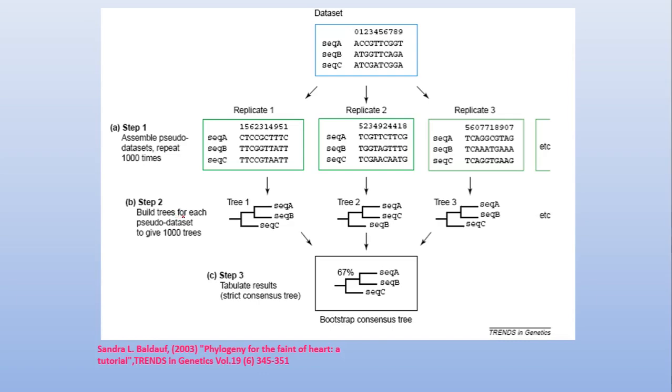Things would be more clear in this slide. When you begin with your multiple sequence alignment, this is your original data set. We would now call each and every column by some number: this is the 0th column, first column, second column, third column, and so forth. So this is your original data set. In bootstrap analysis, what we do is reshuffle the columns in your original data set.